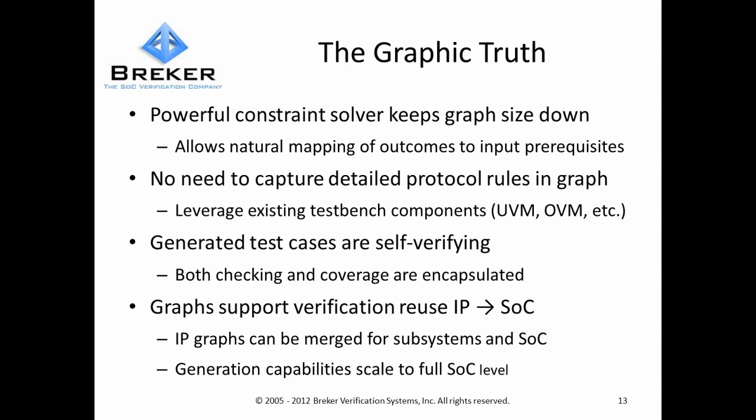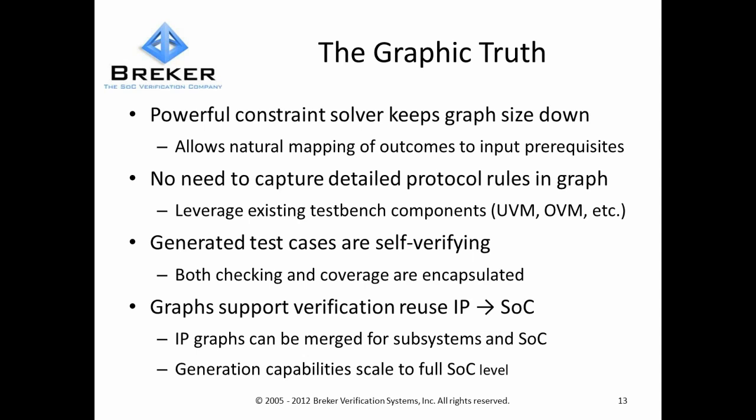Protocol-level randomization is typically handled in UVM agents, and we're not so worried about trying to cover that. What we are focused on is the system-level self-verifying C test cases. Once you have those, you can scale them across any environment that can run a C test.